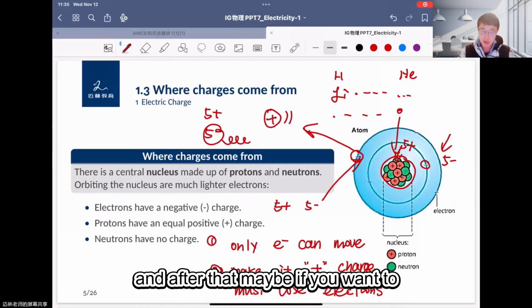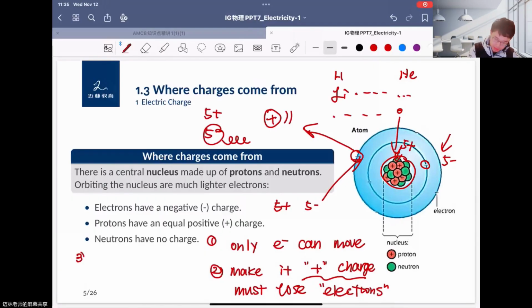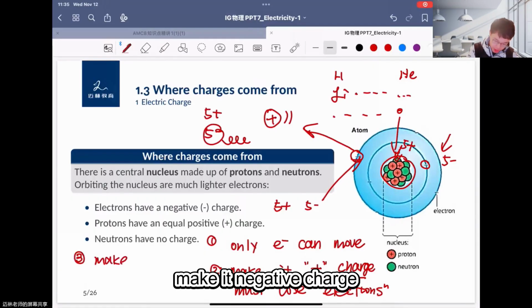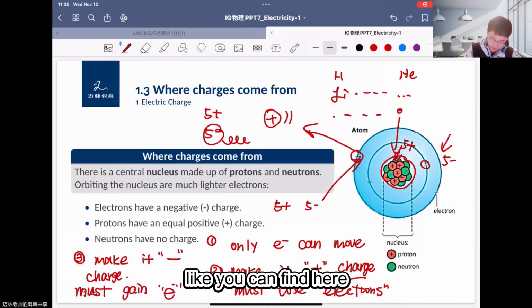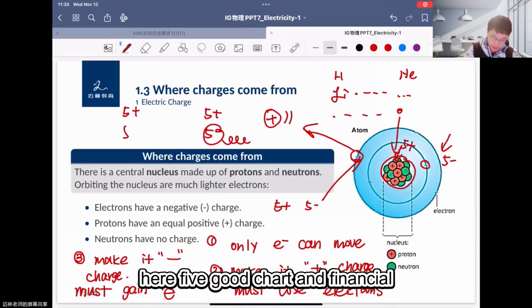And after that, if you want to make it negative charge, you must gain electrons, okay? So like you can find here, positive charge and negative charge.